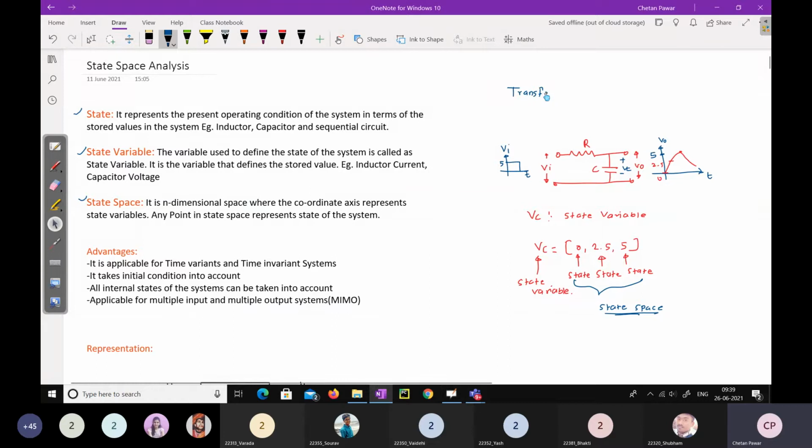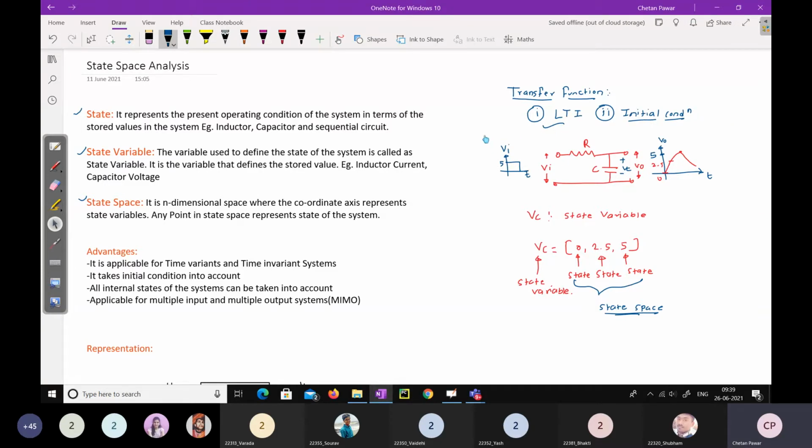And when I told you the definition of transfer function, there we considered two important conditions. System should be LTI, linear time invariant system, and there should not be any initial conditions. If there are initial conditions, the system will become non-linear.